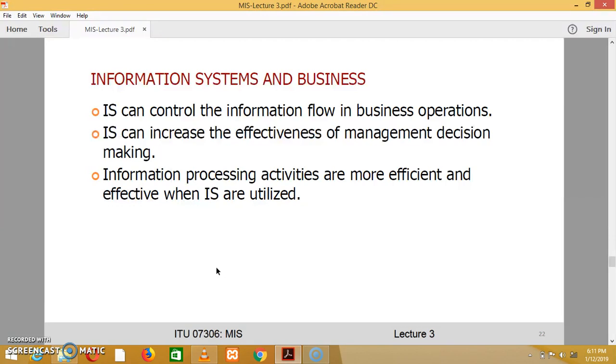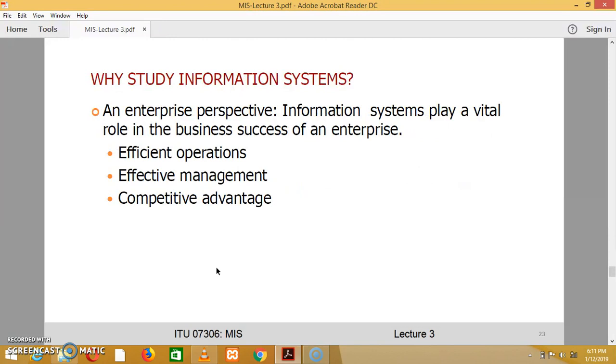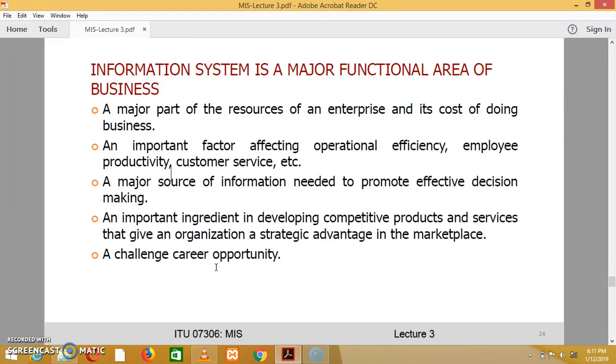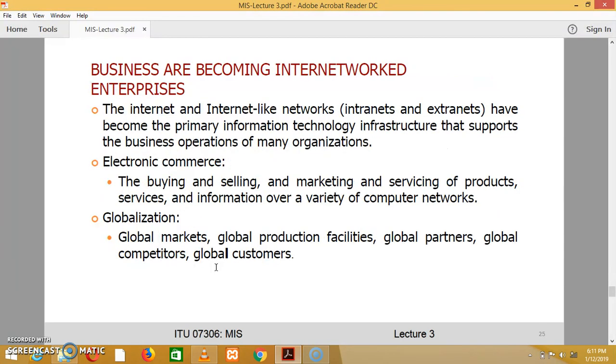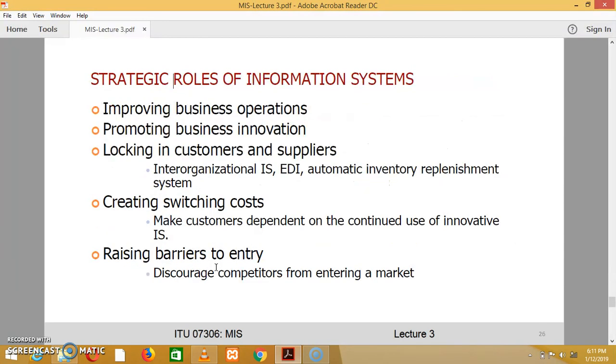So basically information systems in businesses help in operation, they help in management, and they play a role in competitive advantage. Say we have competitors who do not have an information system, and in your business you have an information system, it's very good because you are ahead of them. So those are very fundamental issues about information systems in businesses.